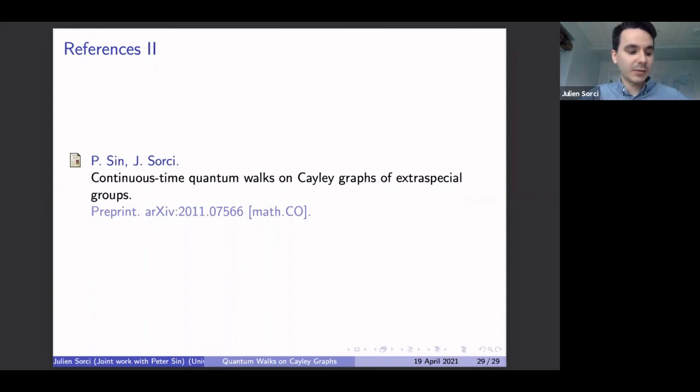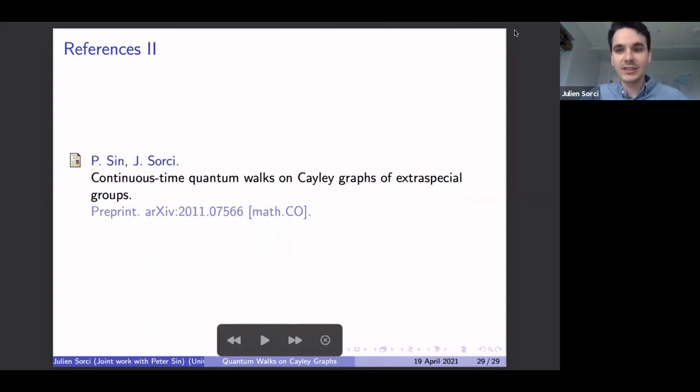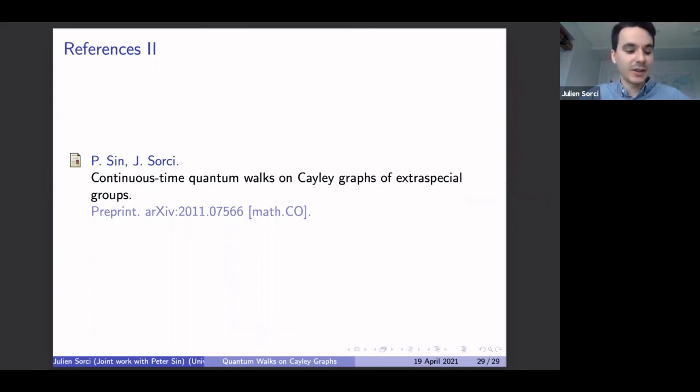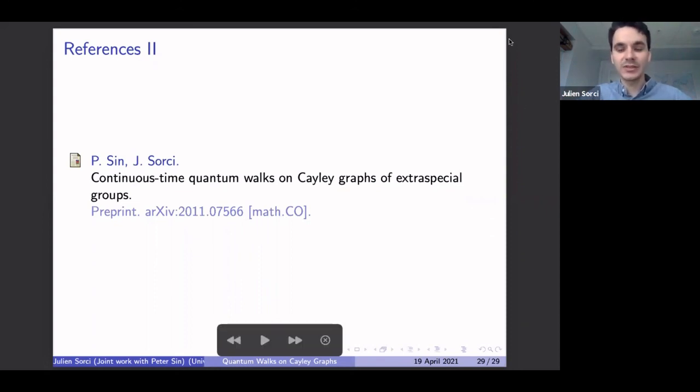What ends up happening is that some nice things cancel, because the order of the group is a power of 2, and the minimum time in this case is pi over a certain power of 2. So just to give you the rough idea, there's some nice stuff that happens just because both of these things are certain powers of 2.